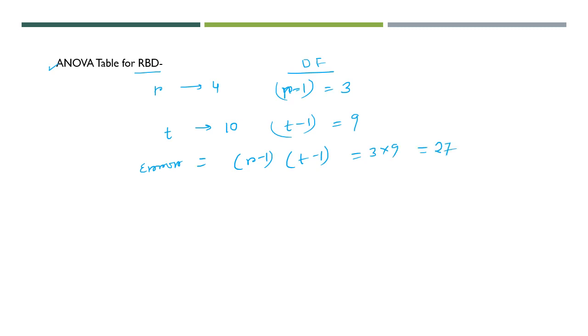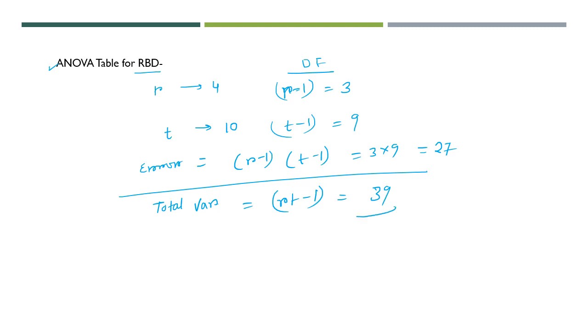The total will be rt minus 1, that is 39, and we can just add them, 3 plus 9 and 27, to get 39 too. For the standard error SE, we use the formula square root of 2VE by N, where V is for variance, E for error, and N for the number of treatments we use.